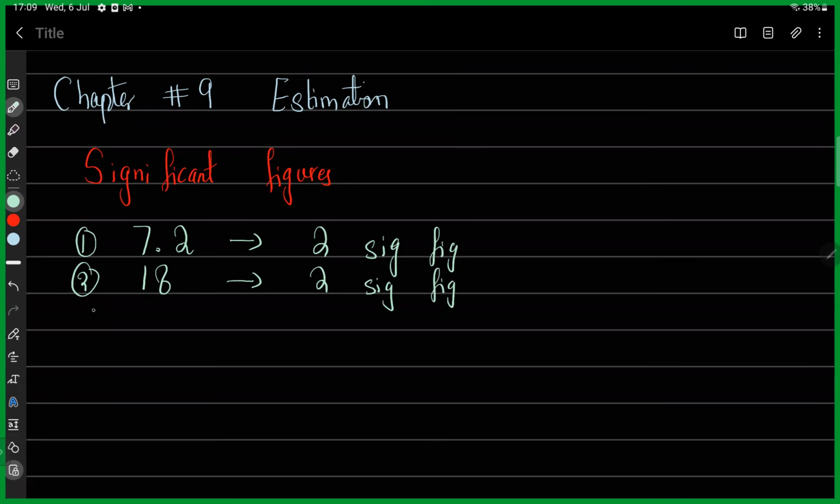All right, let's talk about the third example. It is 3.65. Now 3.65 has three significant figures. Okay.